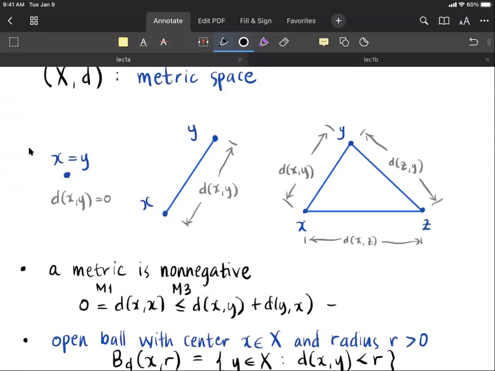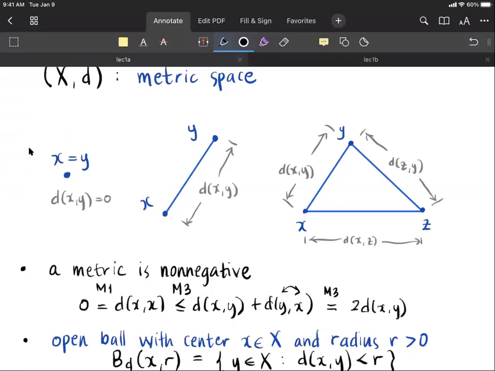And of course, by symmetry, I can interchange y and x in this case in order to have twice the distance from x to y.